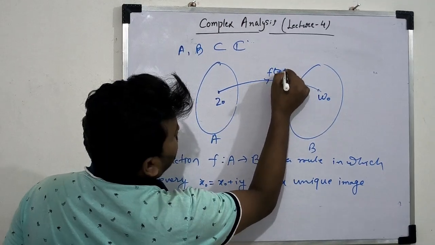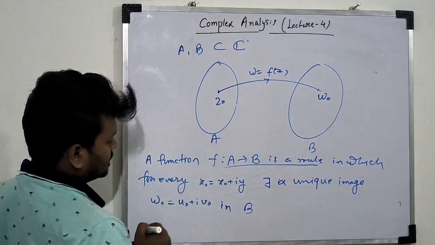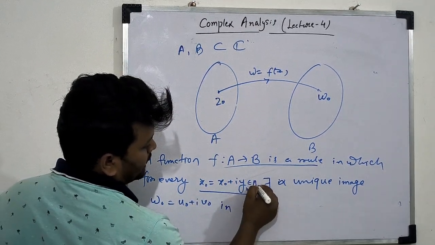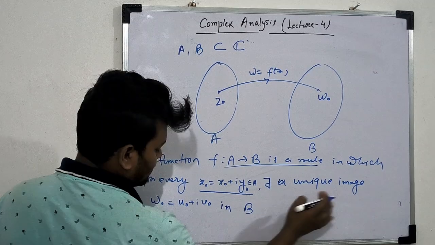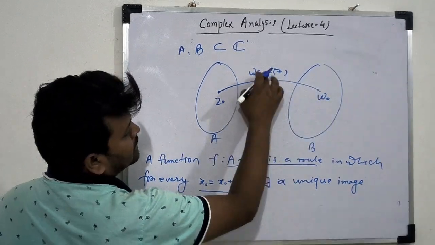So w equal to f of z is a function, that is a rule in which for every z0 equal to x0 plus i y0 from A, there exists a unique image w0, that is u0 plus i v0 in B. So this is connected with this by this rule.